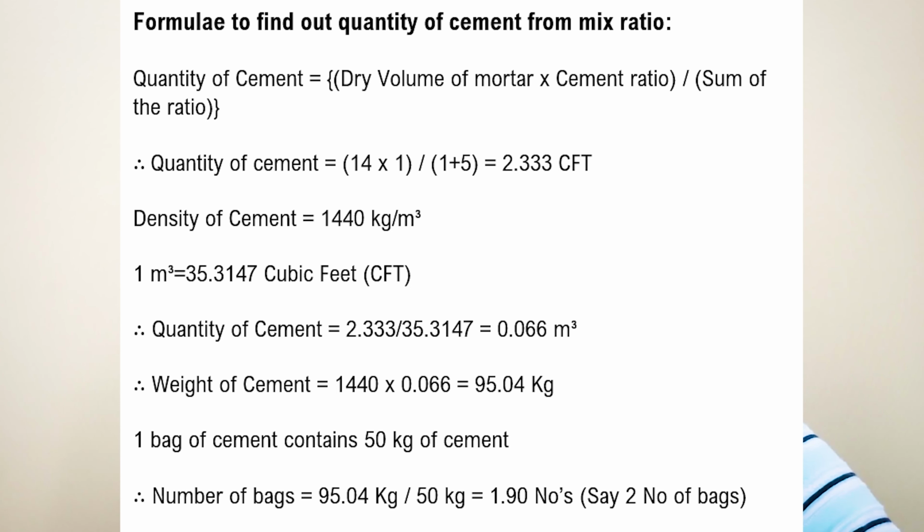For calculating weight, we multiply density and volume. We'll get 95.04 kg. Also we know one bag of cement contains 50 kgs of cement. So the number of bags is 1.9, approximately 2 bags. You require 2 bags of cement for the construction. So finally we got the quantity of cement.